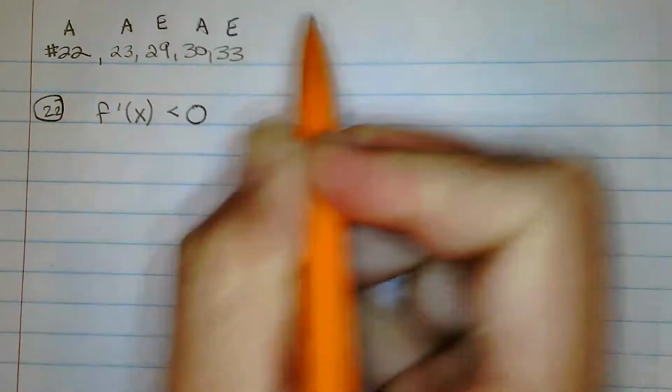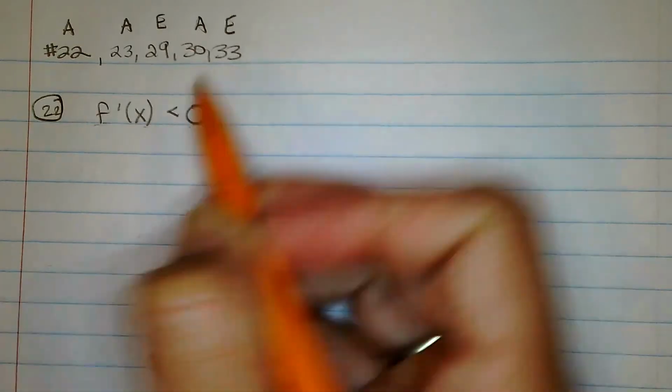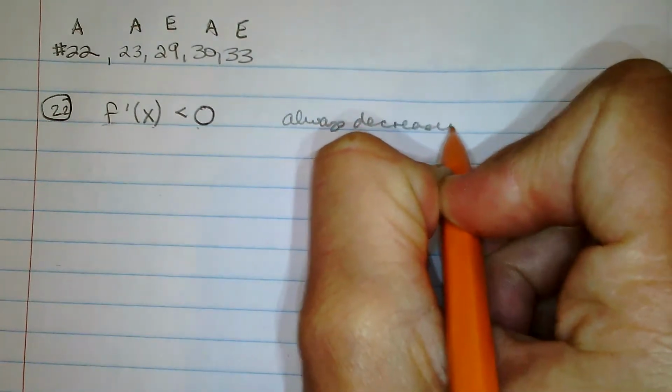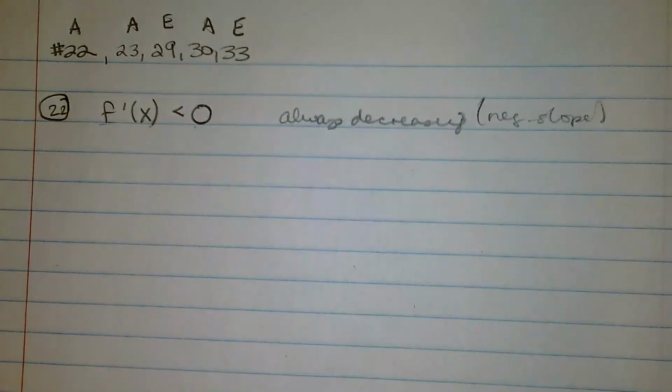if I'm right. So function f is twice differentiable such that f prime of x is less than 0, so the derivative or the slope is always negative, so always decreasing. Negative slope is how I interpret that.